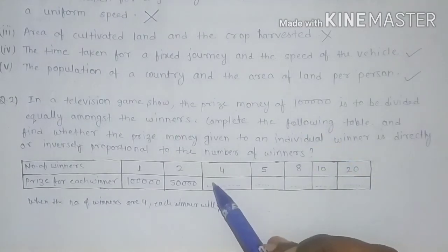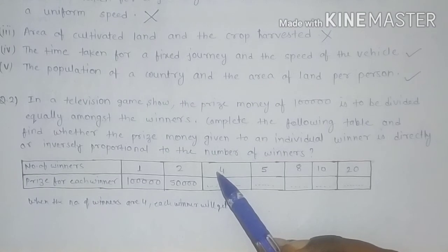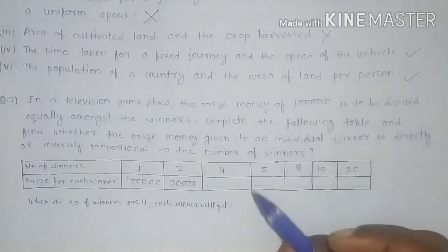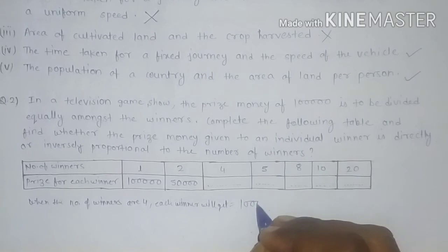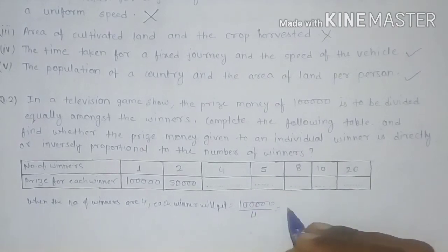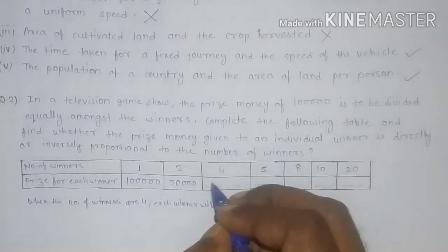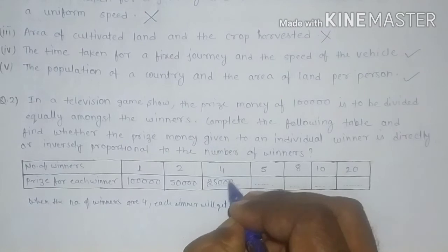The total prize is 1 lakh rupees, and 4 winners are there. So to get the prize for one winner, we have to divide it. So simply 1 lakh divided by 4. So it will be 25,000. Okay, so this is 25,000.